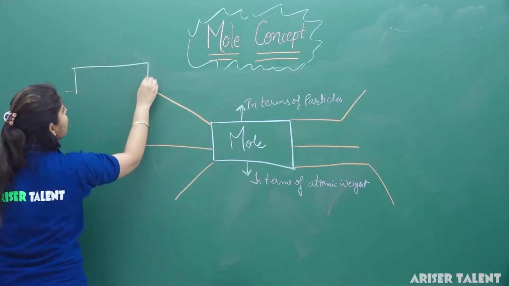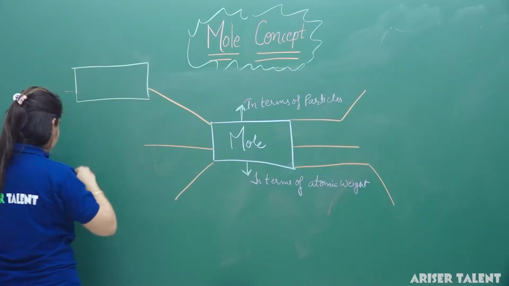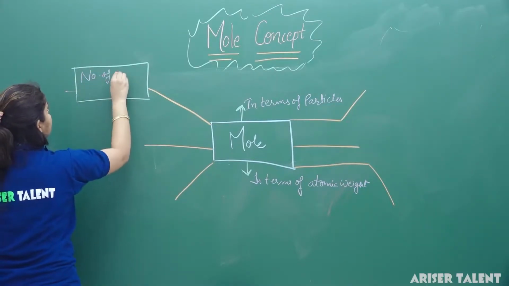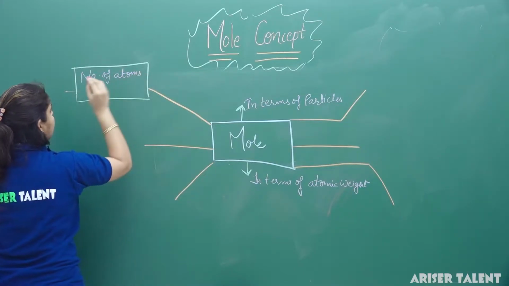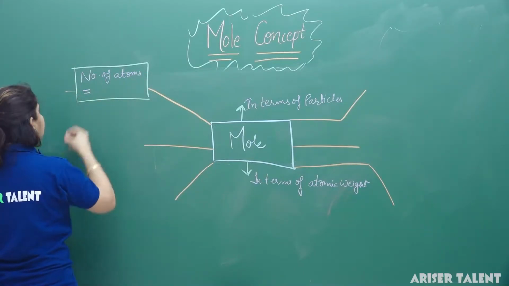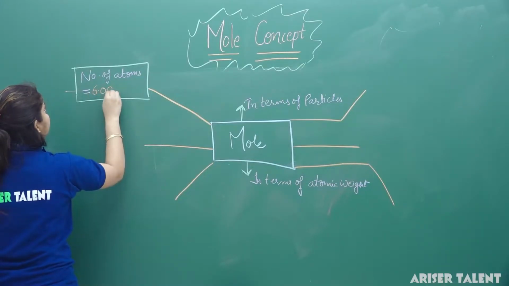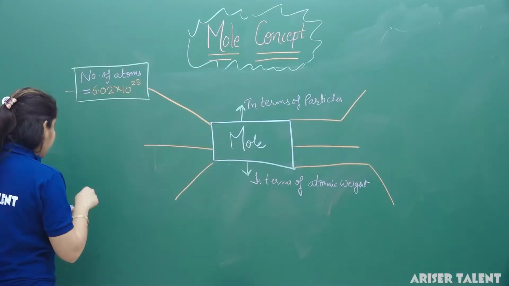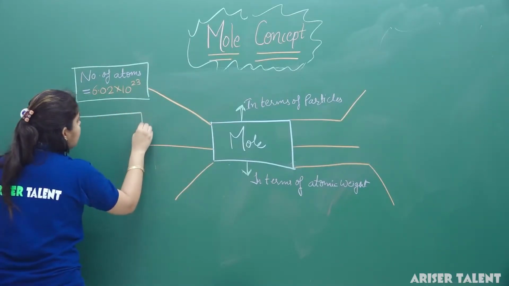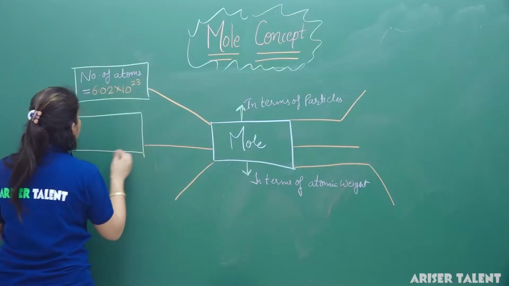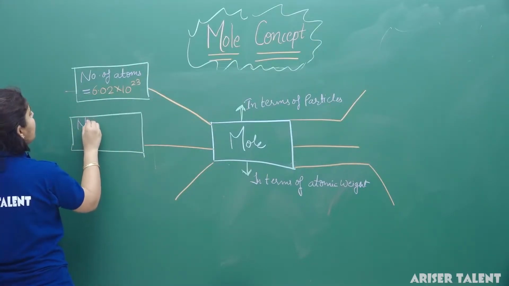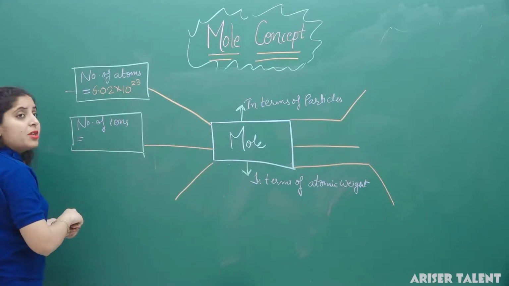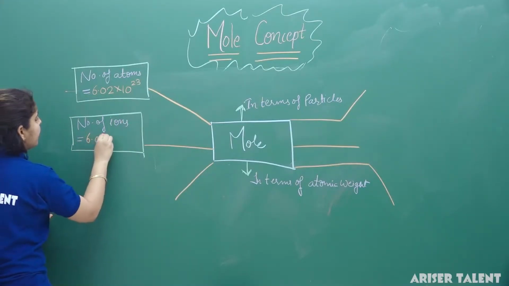First, 1 mole of a substance will tell us about the number of atoms, and it will be numerically equal to 6.02 into 10 raised to the power 23 atoms. Secondly, it will tell us about the number of ions. Again, we have 1 mole equal to number of ions, and number of ions will be numerically equal to 6.02 into 10 raised to the power 23.